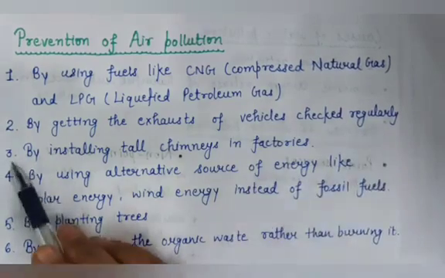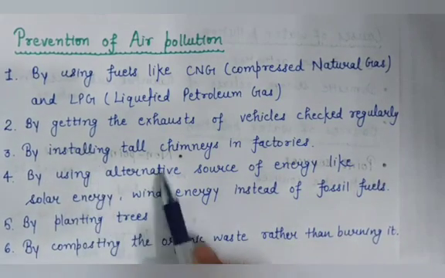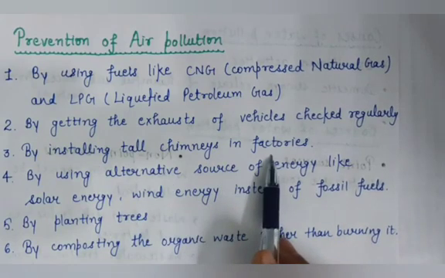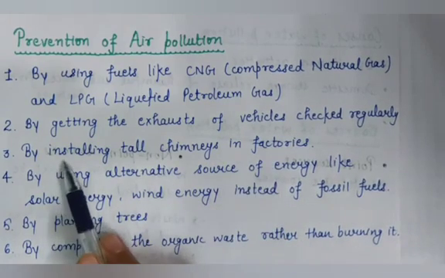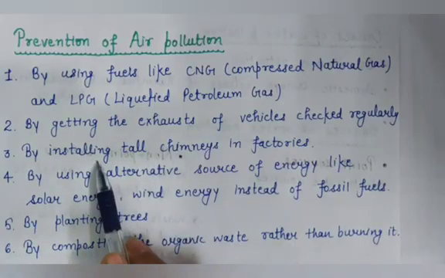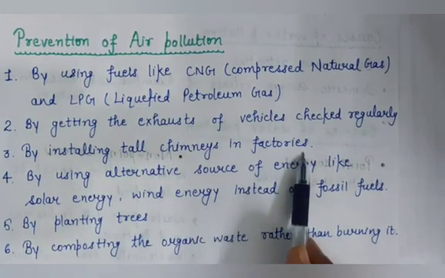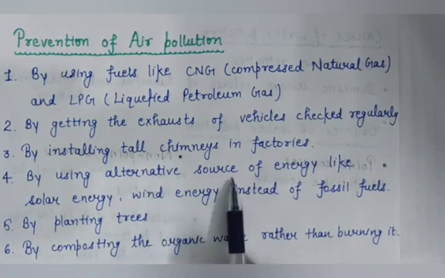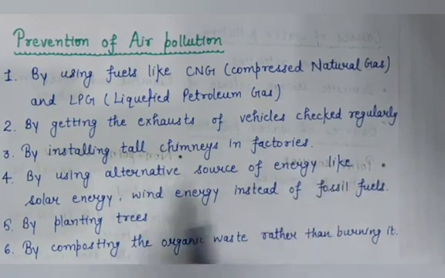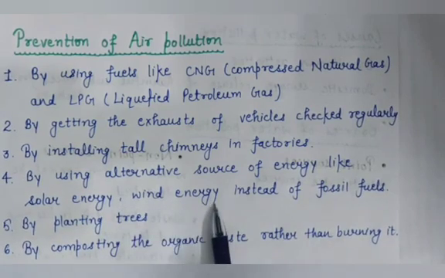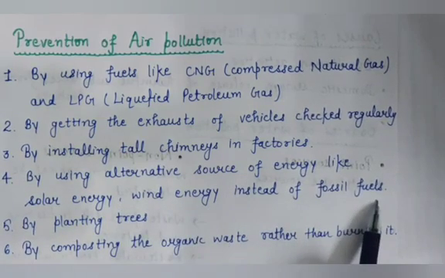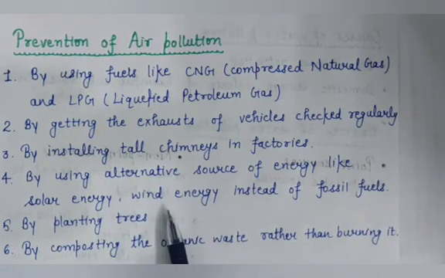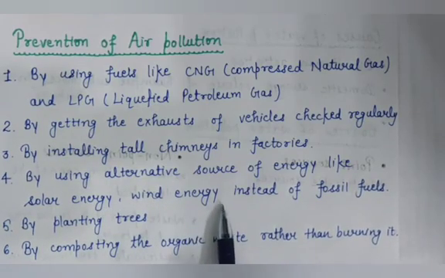regularly. Third is by installing tall chimneys in factories. Tall chimneys should be installed in factories. Next is by using alternative sources of energy like solar energy and wind energy instead of fossil fuels, because solar energy and wind energy do not produce any harmful gas.